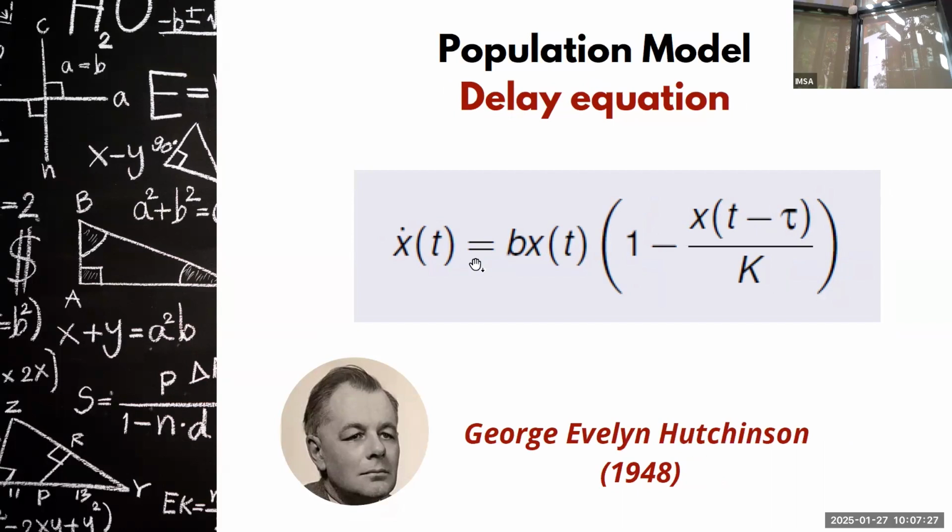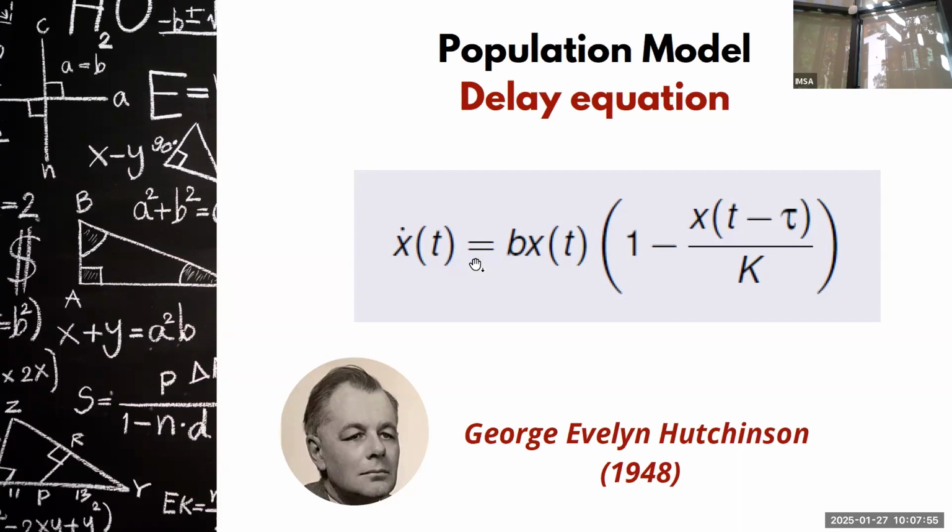This time needs to be in the model in order to have a more precise description of the population model. It is very similar to the logistic equation that you probably all know, but it has this delay that appears, which is the time between birth and the maturation process. We would like to describe that in the equation in order to bring more precision.